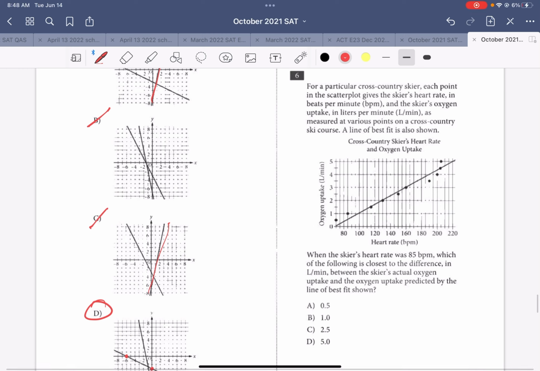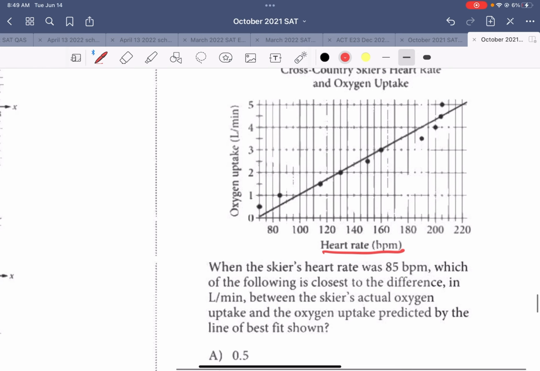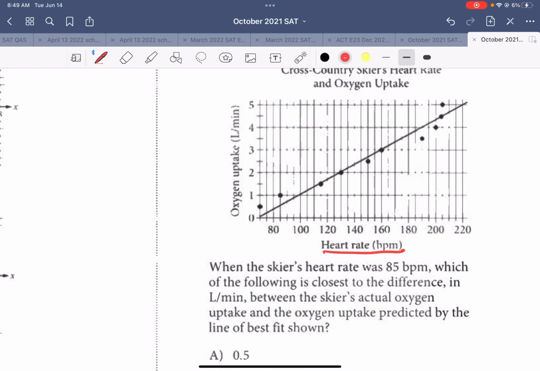For a particular cross-country skier, each point in the scatter plot gives the skier's heart rate, in beats per minute, BPM, and oxygen uptake, in liters per minute, as measured at various points on a cross-country ski course. A line of best fit is also shown like that. Then when the skier's heart rate is 85 bpm, you can see this is 80, this is 100, so this is 90. So 85 is right here.